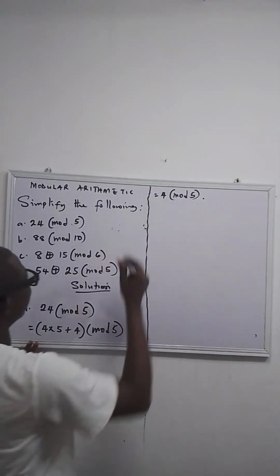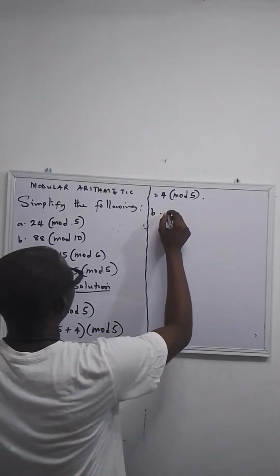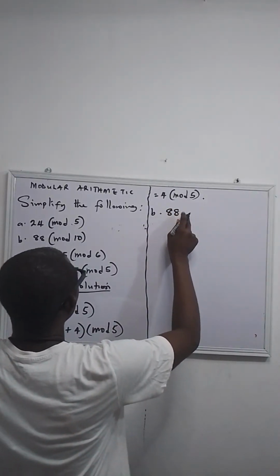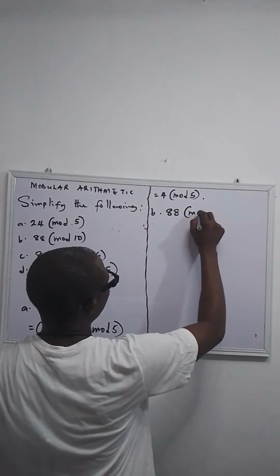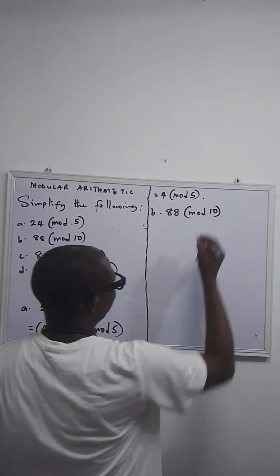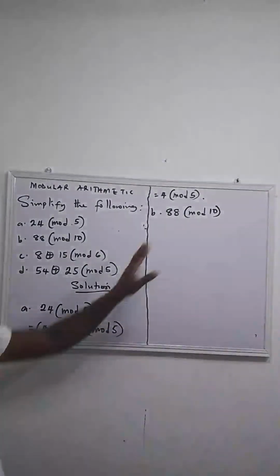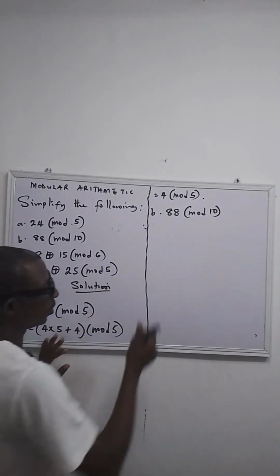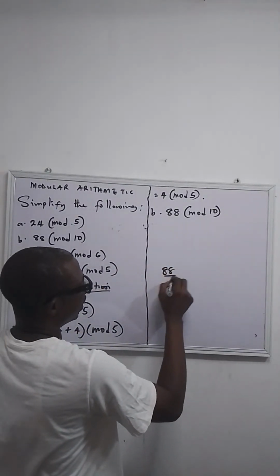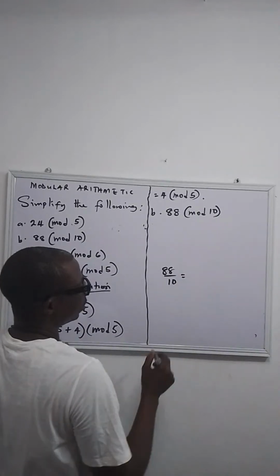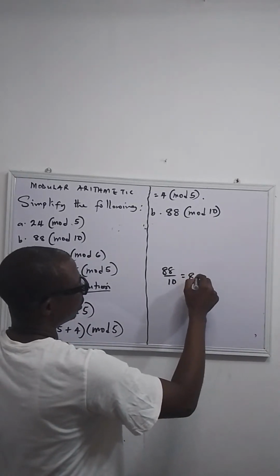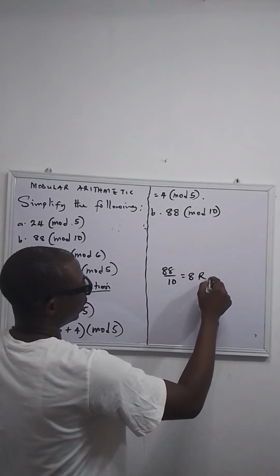Okay, now let's look at the second one. B, we have 88 mod 10. So you know what to do now. We divide 88 by 10. When you divide 88 by 10, what do you have? You have 8, and it remains 8.